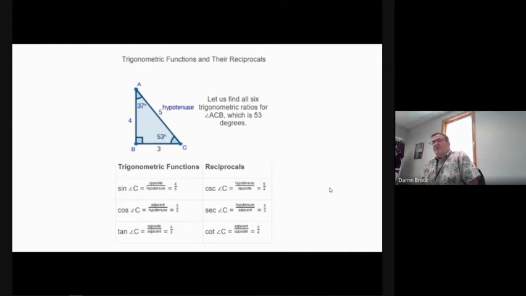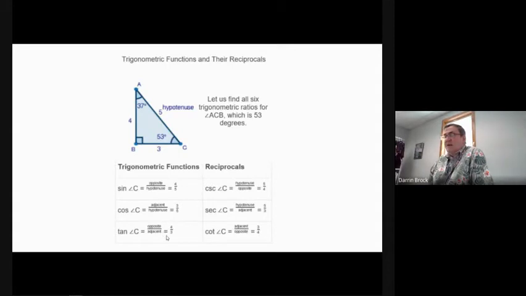All right, so let's look at all of them with the same triangle. The 3, 4, 5 triangle, this one turned so the 4 is up and down, where I had the 3 up and down the way I do it. Here are all six trigonometric ratios for triangle ABC, and we're looking at angle C, the 53-degree angle. The sine of C is 4/5. The cosine of C is 3/5, because it's the adjacent side next to the 3.